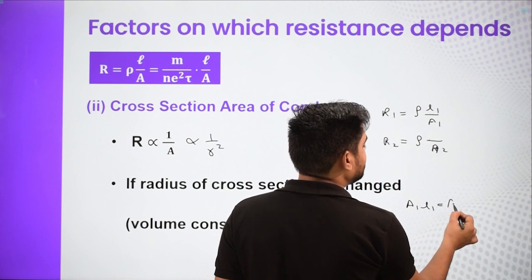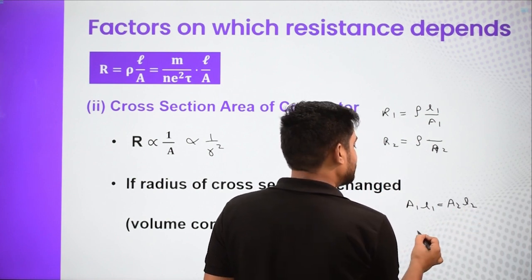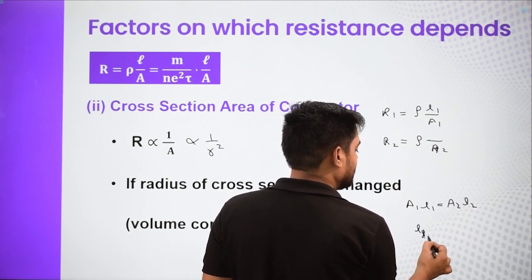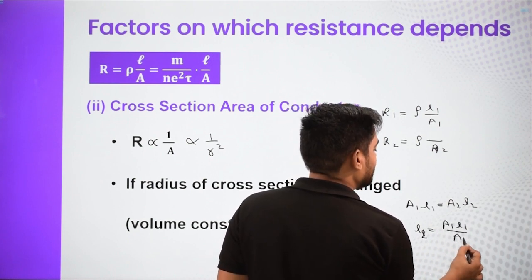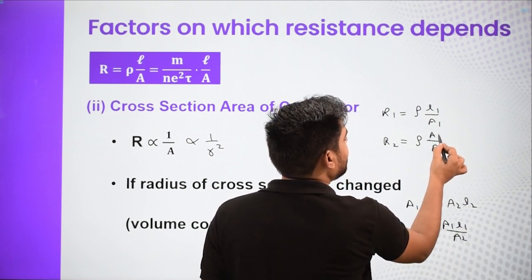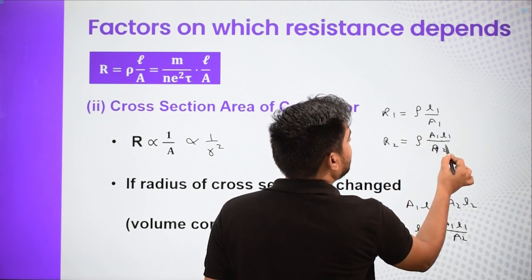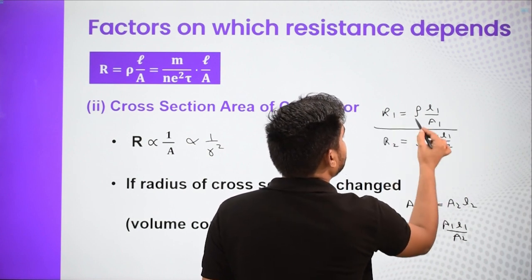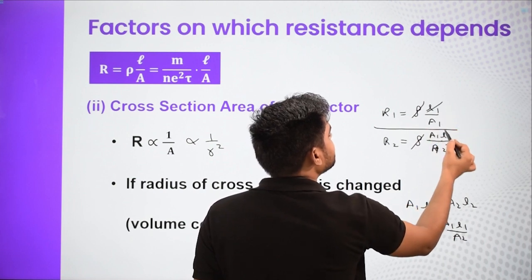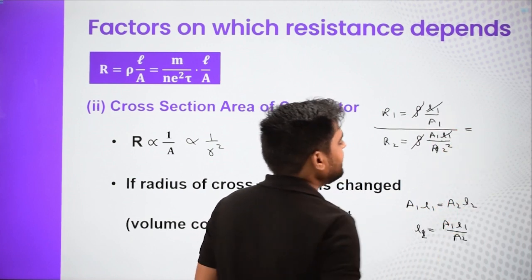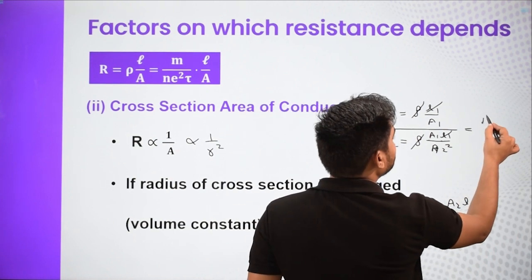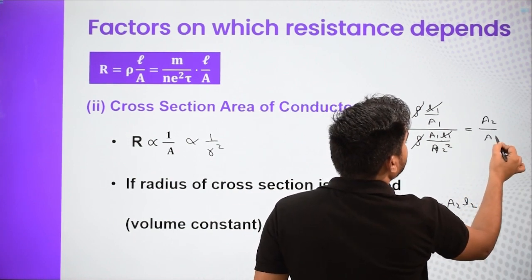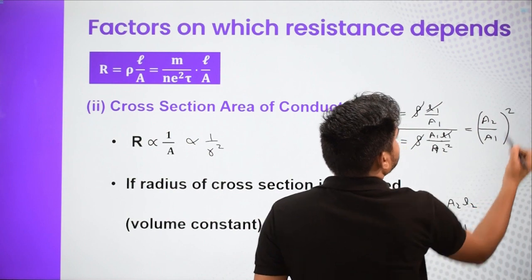A1 L1 is equal to A2 L2, and eventually I get L2 is equal to A1 L1 by A2. So I am putting it over here, A1 L1 by A2, and now let us divide. So this L1 is gone, and what I am getting is that this upon A2 square will go over here and we'll get A2 square upon A1 square. So we'll get this thing.